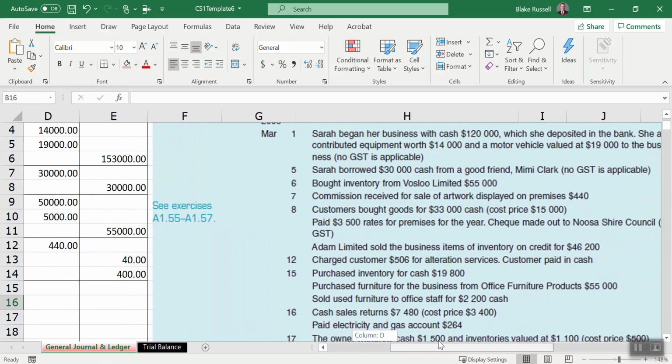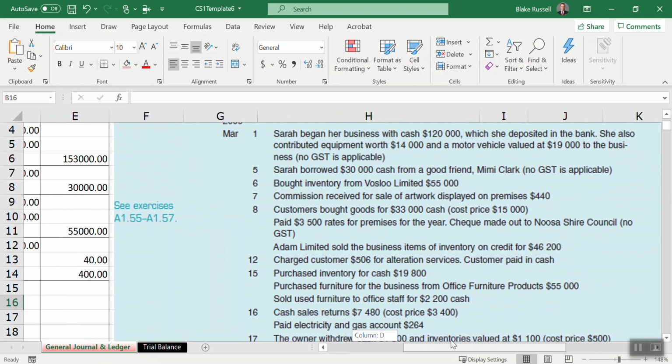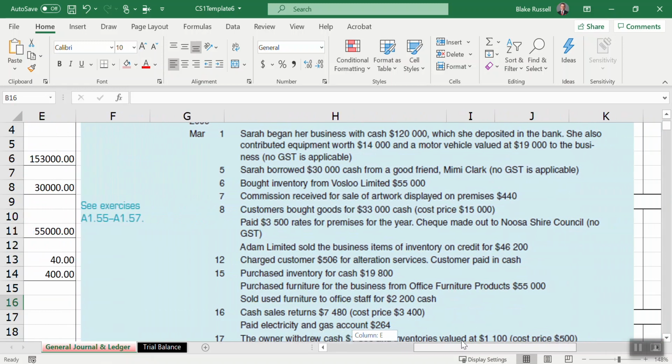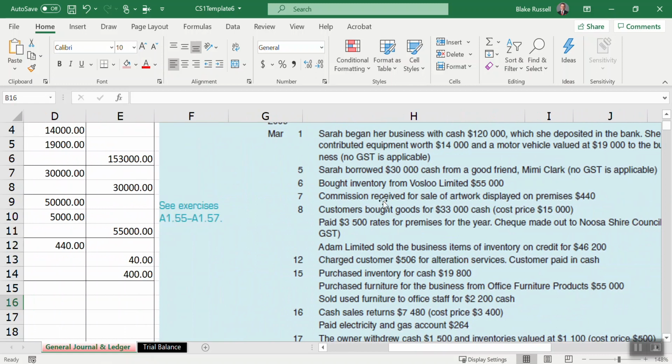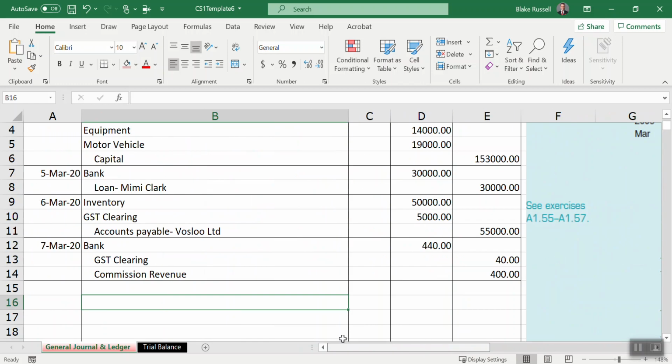Number 8, customers bought goods for $33,000 cash, cost price 15. With this one here, when we sell inventory, we're going to take into consideration the selling price and cost price, because we need to work out a gross profit at the end of a period.